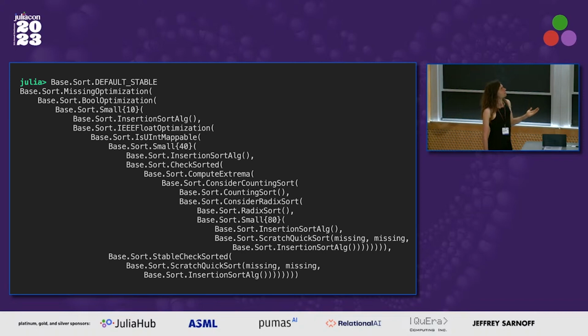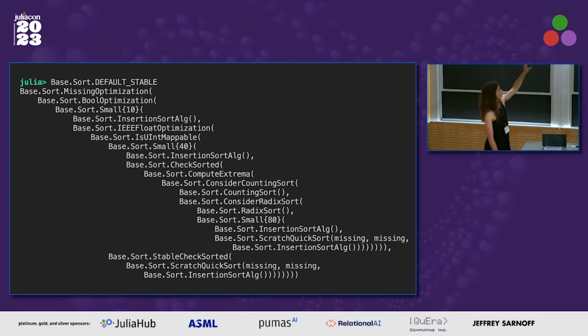You can reinterpret chars as unsigned integers. You can reinterpret signed integers as unsigned integers. You need to do a little bit of bit twiddling to get signed integers to be reinterpreted as unsigned integers. But it's worth it because then, for these counting sort and radix sort algorithms, we only support sorting unsigned integers in forward order.